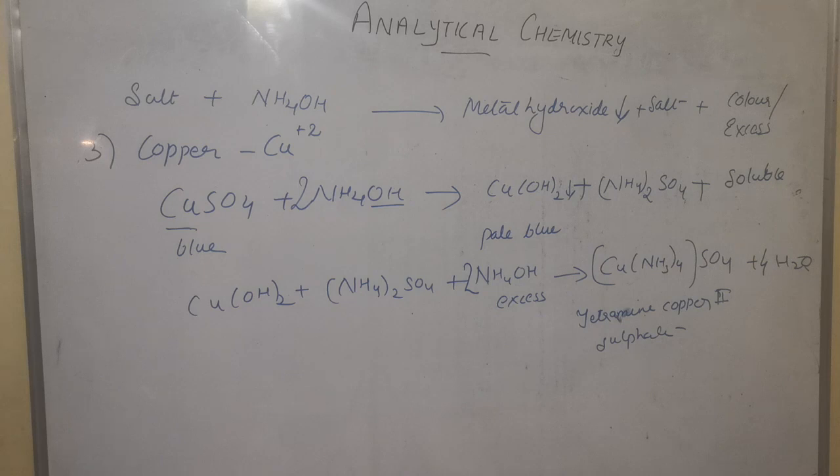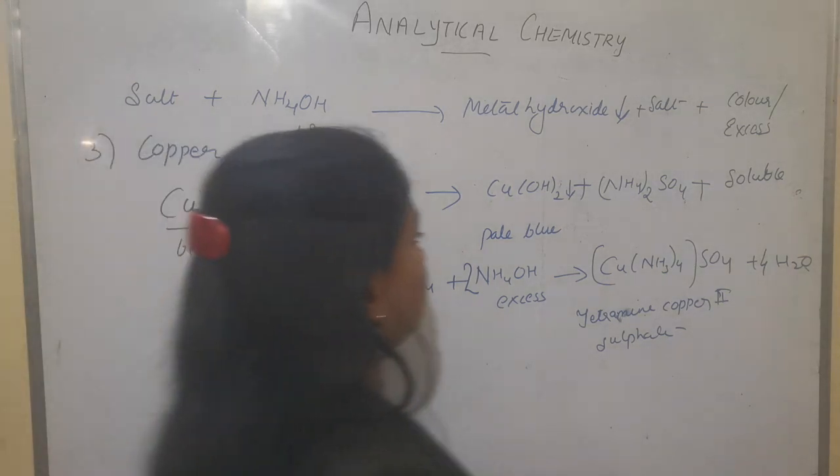So this is the important reaction, because here the action of ammonium hydroxide in excess resulted in a soluble solution of tetraamine copper(II) sulfate. Means the pale blue color precipitate dissolved and gave a deep blue colored solution. So this is the characteristic property of the Cu2+ ion and is used for the detection of the presence of this ion in qualitative analysis.